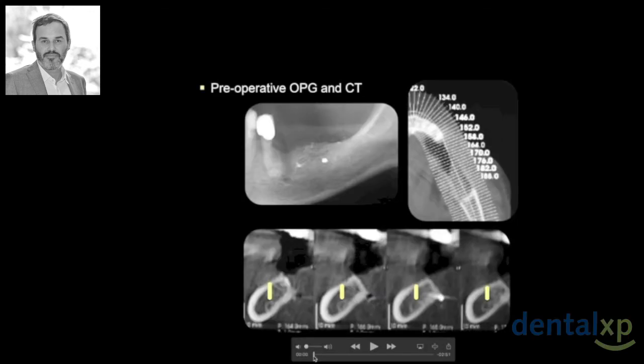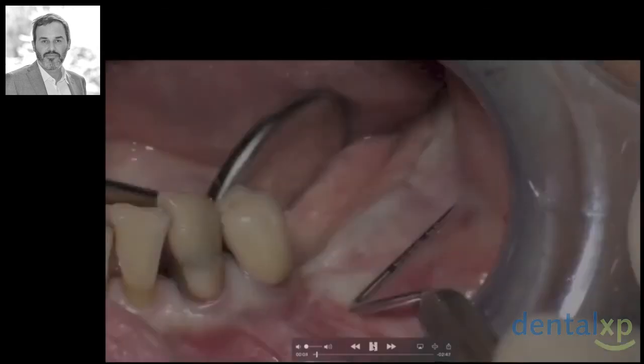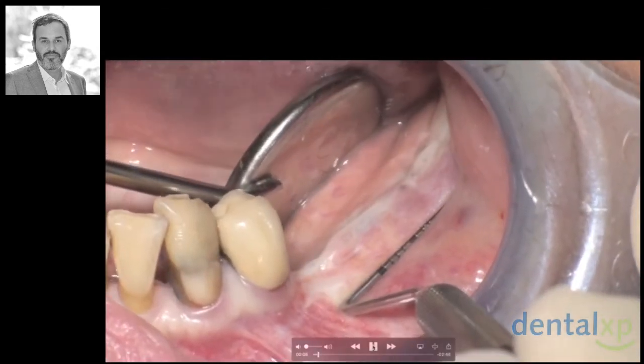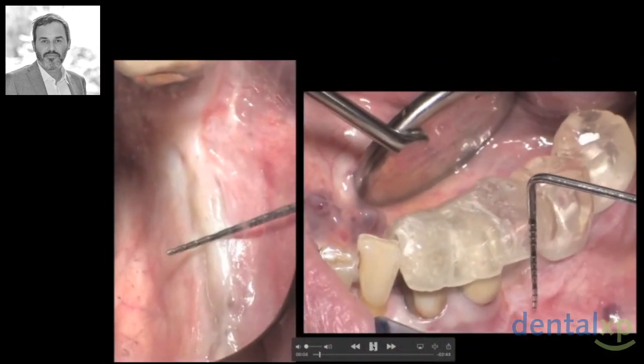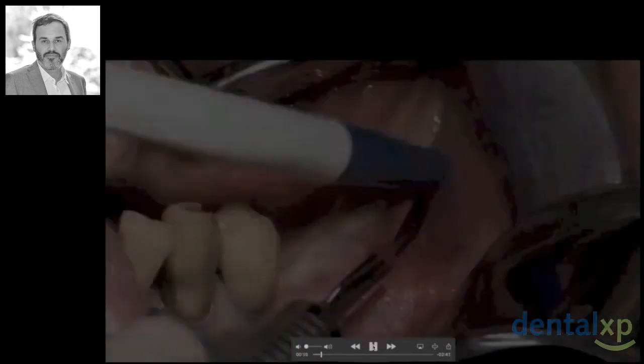I shall end with this video. If you look at this area, this is the CT scan before the surgery, and this is the nerve, and this is the bone above the alveolar nerve. And dear colleagues, the first thing to do is to decide where to make the total thickness incision with our scalpel.